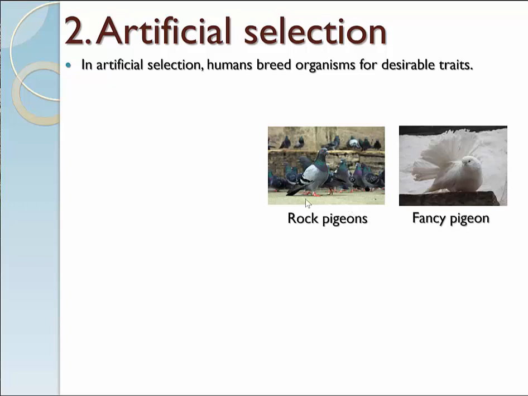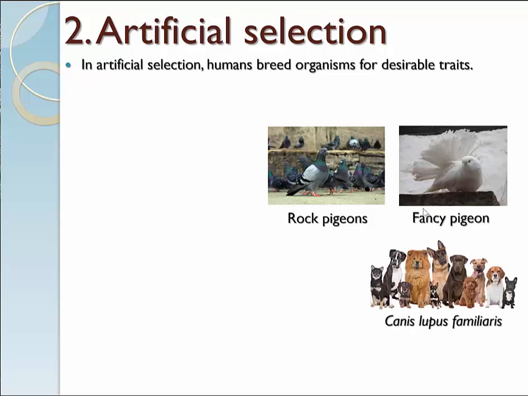People started breeding rock pigeons for things like color and the number of tail feathers. They would present these fancy pigeons in county fairs and so forth, and they'd have contests and all that kind of stuff. This showed that that species could change. So you could change a rock pigeon into a fancy pigeon through selective breeding.